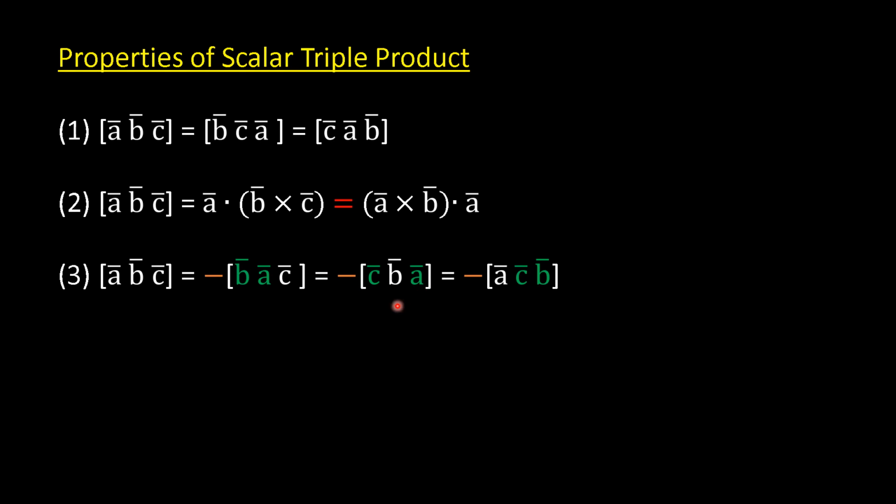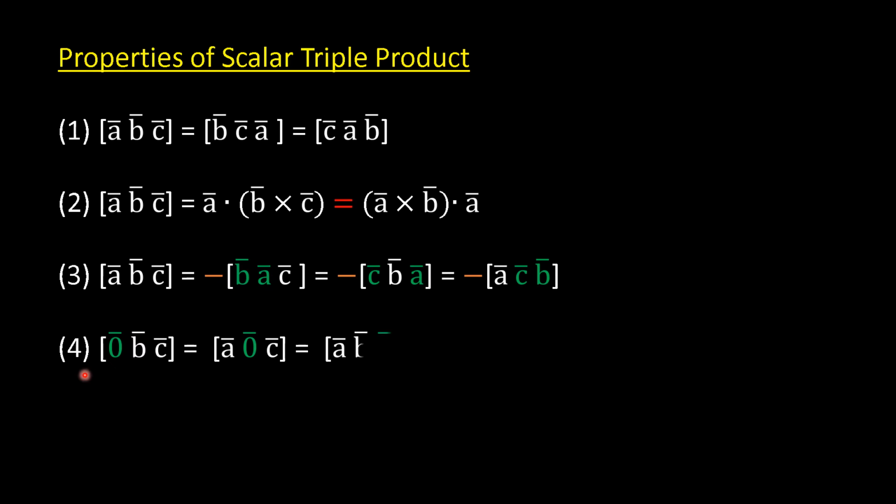Here also we have made a single change in the order of a bar and c bar, which is same as minus box a bar, c bar, b bar. Here also we have made a single change in the order of b bar and c bar. Therefore, when we make a single change in the order of the three vectors, the value of the box product changes its sign.